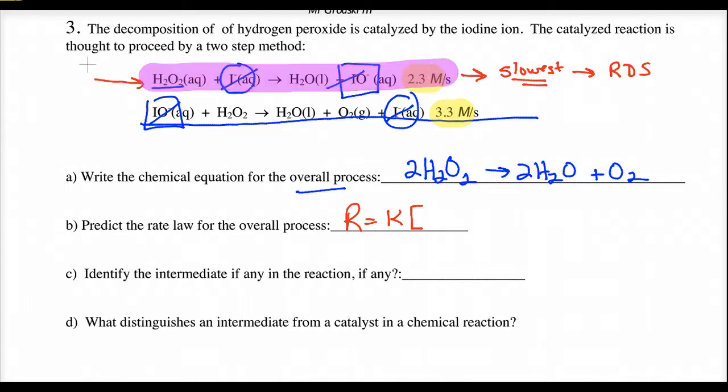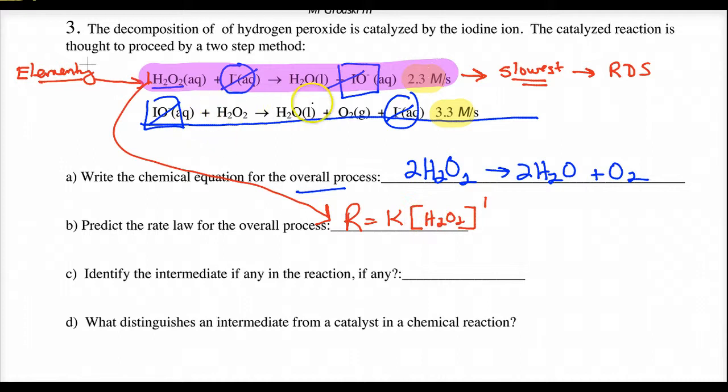Slowest step. This is my elementary step, right? This is the elementary step. And what do we know? In the elementary step, the coefficients become the exponents, right? If this is the slowest step, this is the step that determines the rate law. And there's a coefficient of 1, and I put that there.